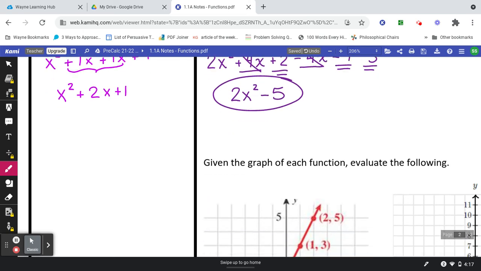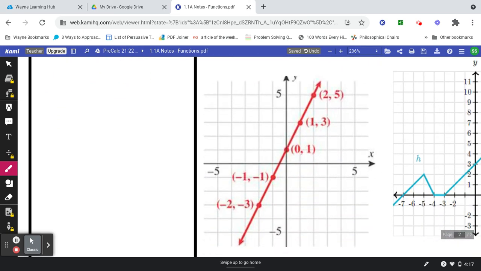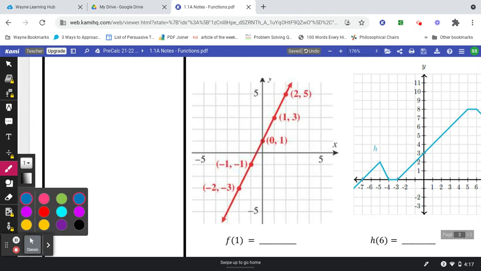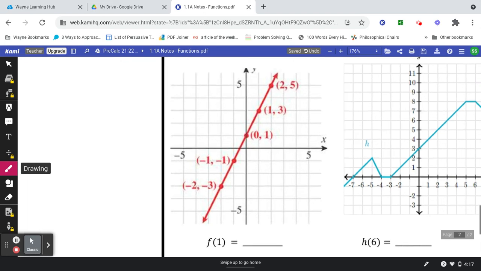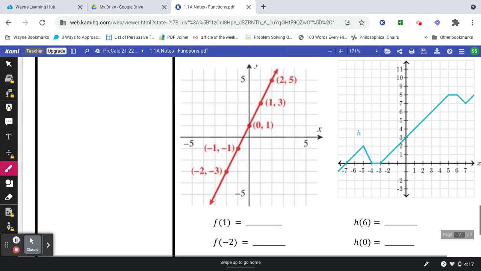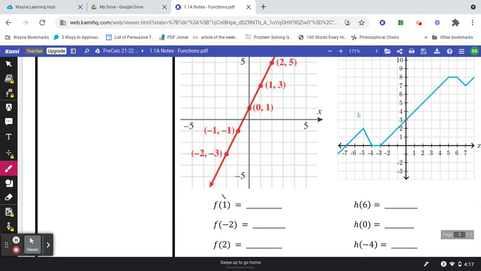And on the last ones, we've got these graphs, which are actually the easiest part of the whole thing. We're going to look at our first graph here. And when it asks you for f of 1, they're saying x is 1. And they want to know the y value that goes along with it.